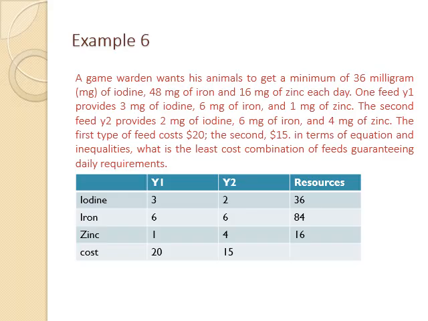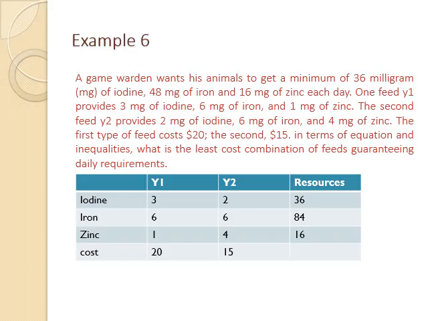Okay. So now this man wants his animals to get a minimum of 36 mg of iodine, 48 mg of iron, and 16 of zinc each day.